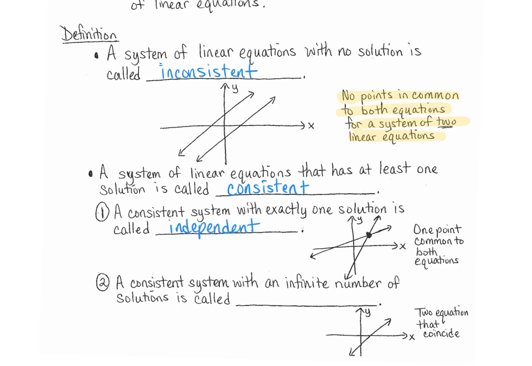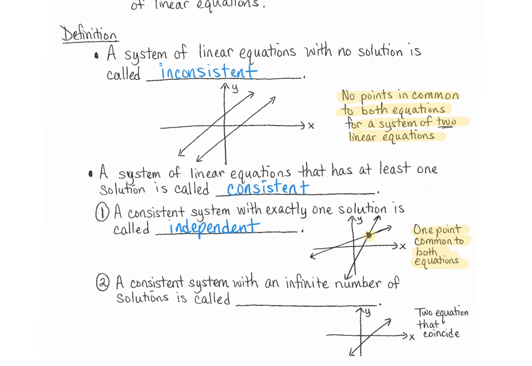And graphically, it looks like those two lines of your system of two linear equations intersect in one point. Right? That means they have that one point in common, one point common to both equations in that system of two linear equations. Okay?